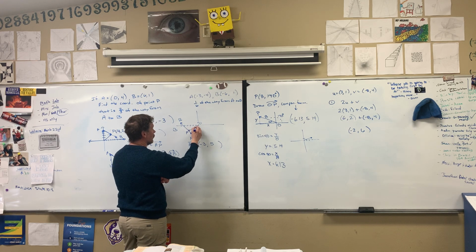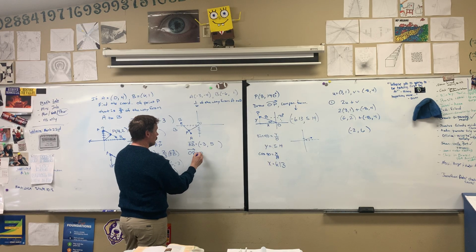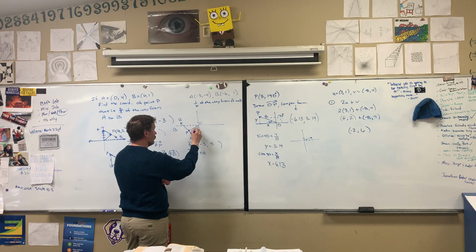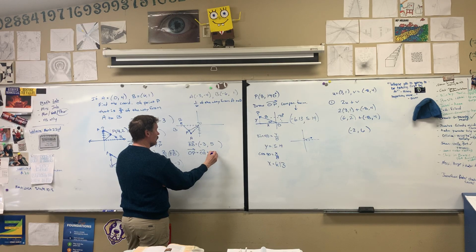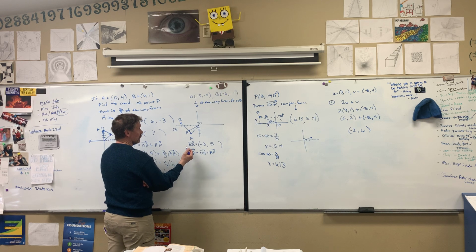Well, OP is made up of vector OA plus AP. If you drew a parallelogram like that, it would be the diagonal across.